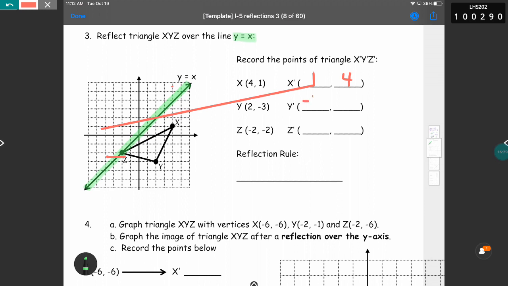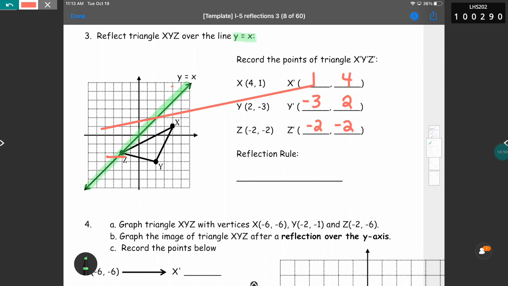Oh, both change. And we said that Z would be -2 and -2. So question here. If I look at my ordered pairs, what is actually happening? Both become opposite. But are they becoming opposite? Yes. No, because negative.